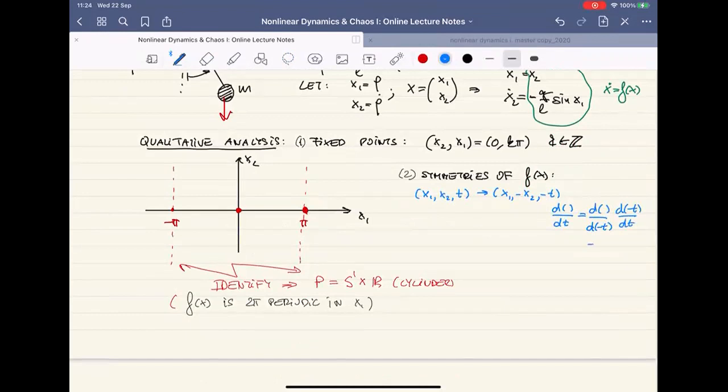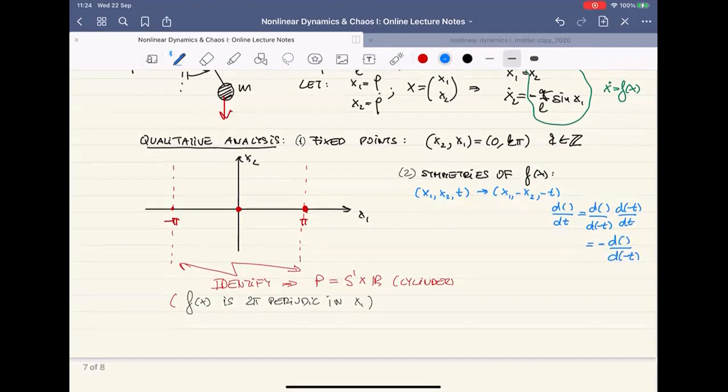And when I do that, this ultimately gives you minus d of the negative time. Of course, in practice, you could let the negative time be t tilde to rename it. So this is how you would do this.